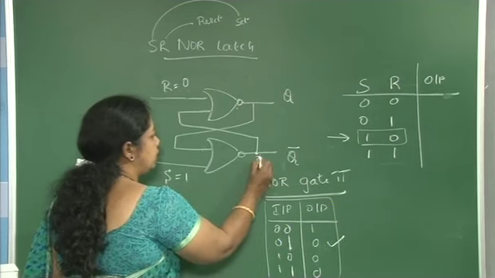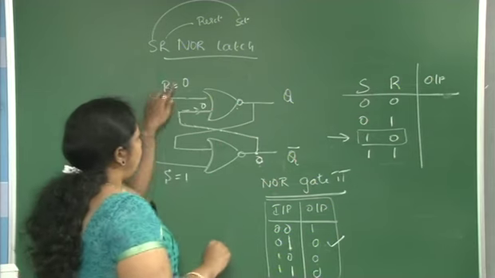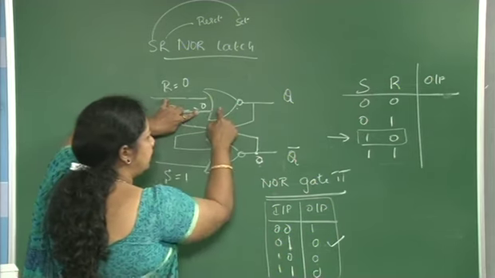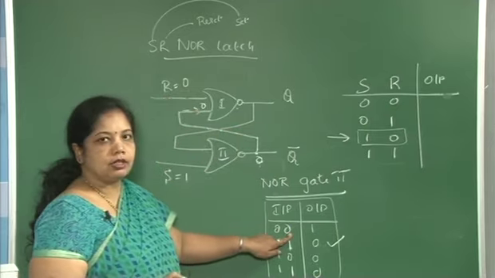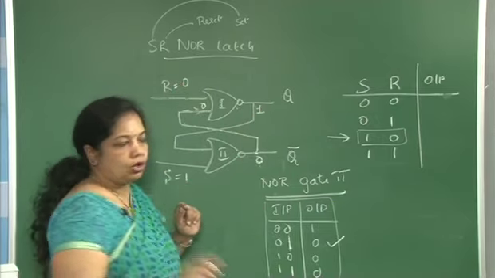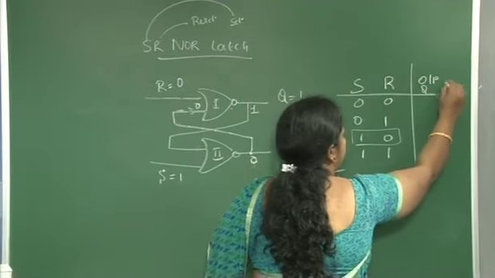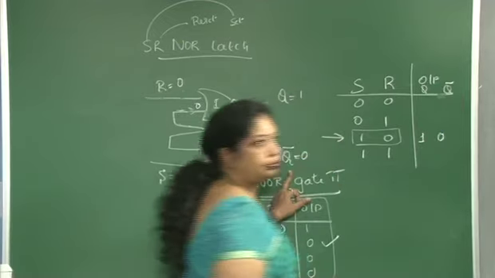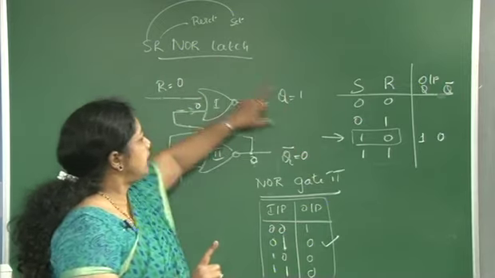This 0 is fed back here. So both the inputs to the second NOR gate are 0 now. If both the inputs are 0, my output is 1. So we will get output Q as 1, Q complement as 0. We call here the latch has been set.